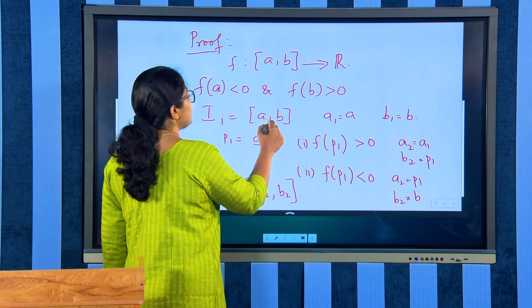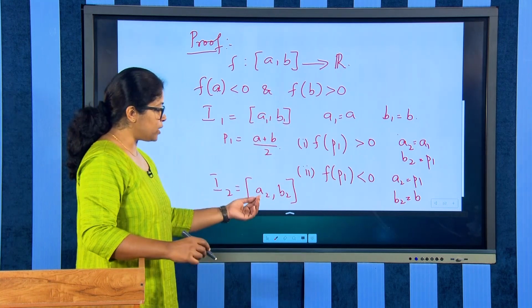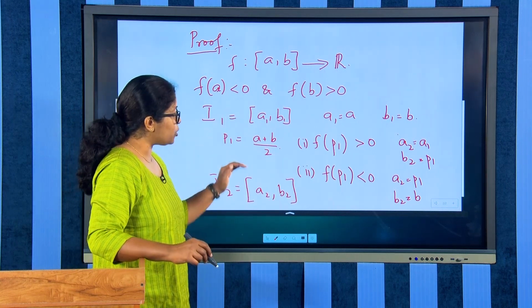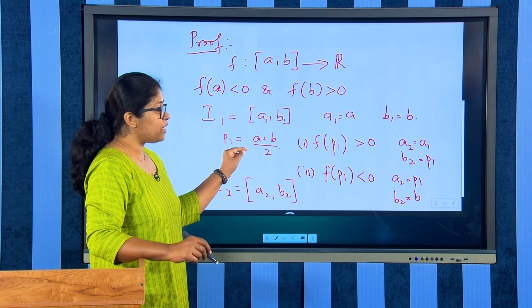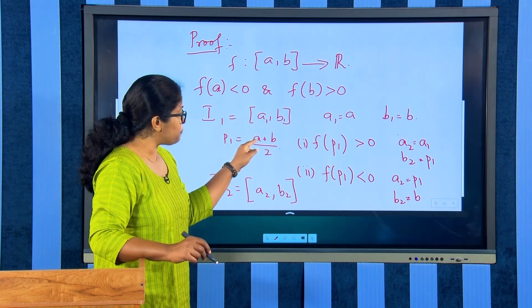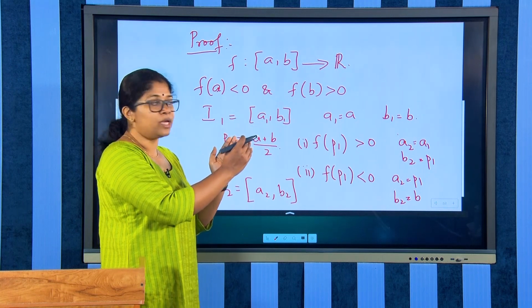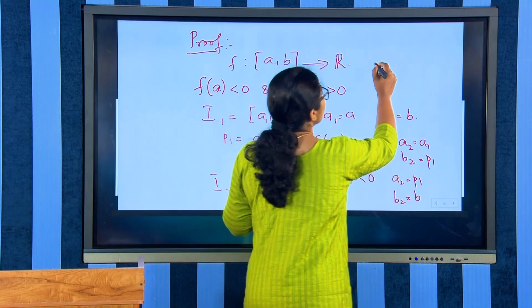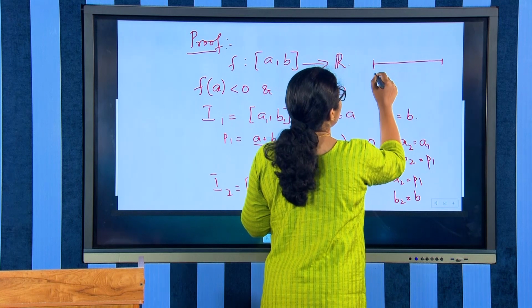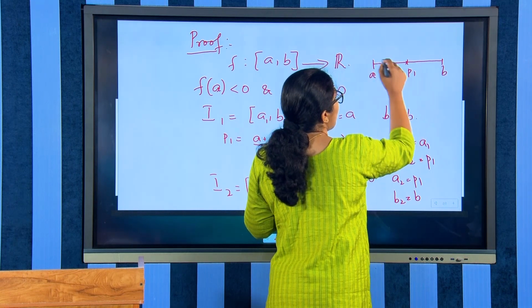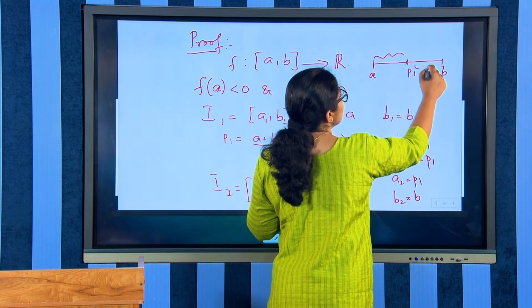So I1 is the interval A1 B1, I2 is the interval A2 B2. Now what is the length of this interval? Because P1 is taken to be (A plus B) by 2, the length has been reduced by half. So if the length of I1 happened to be A1 B1 or AB, this is our P1. So either this is our I2 or this is our I2.